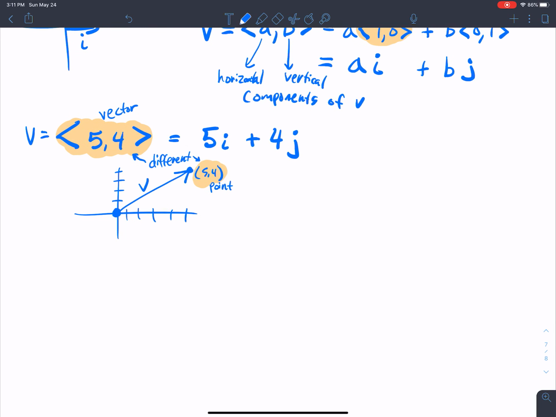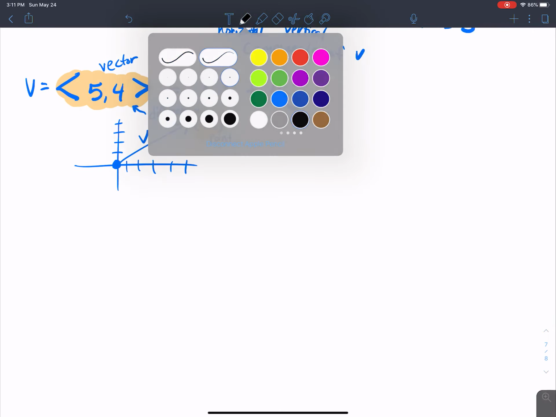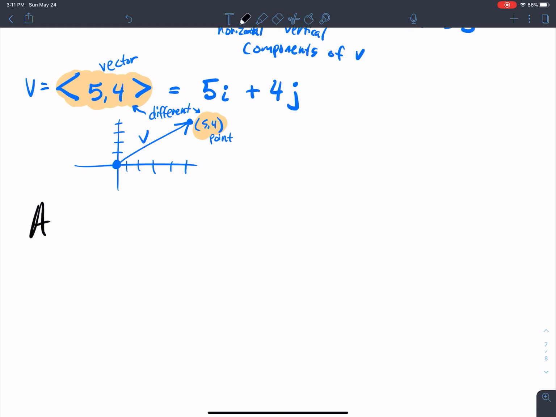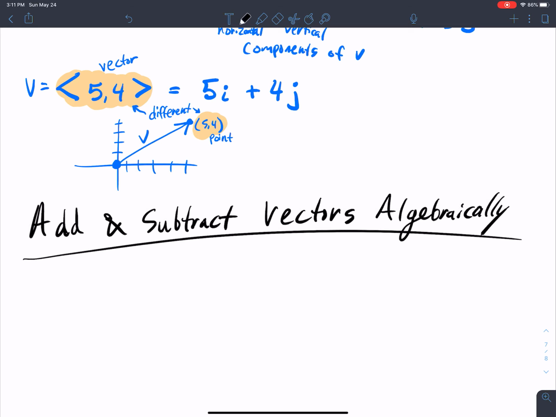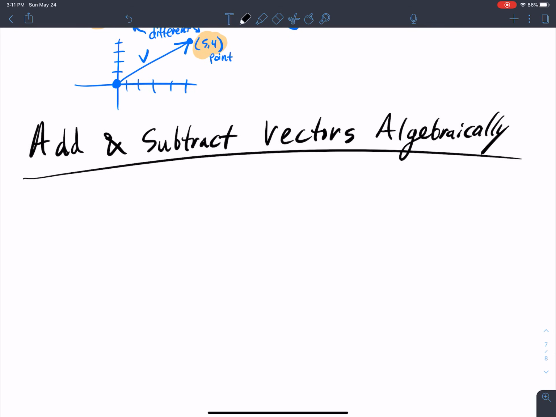So adding and subtracting vectors algebraically. The sum, difference, scalar multiple, and magnitude of algebraic vectors are defined in terms of their components.